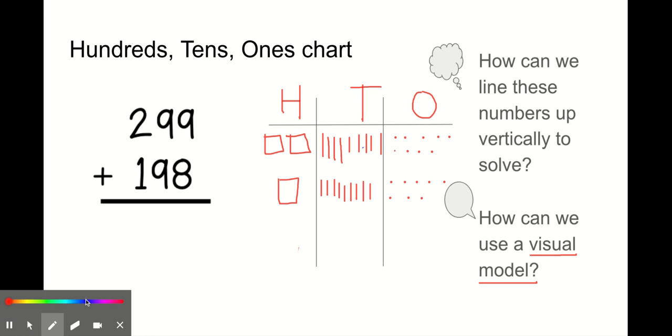This is still done in a vertical way because our ones are still together, our tens are still together, and our hundreds are still together. But now, when we regroup, it will be easier for us to see how to regroup.